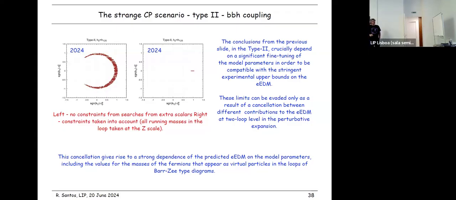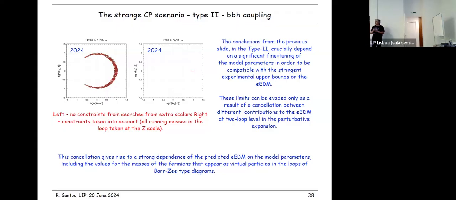So you see that sometimes you think, okay, this is just about the Higgs, but since all these scalars and the angles are linked somehow, it means that, for instance, if you want to avoid the electron dipole moment, you need the masses to be very close to cancel this.